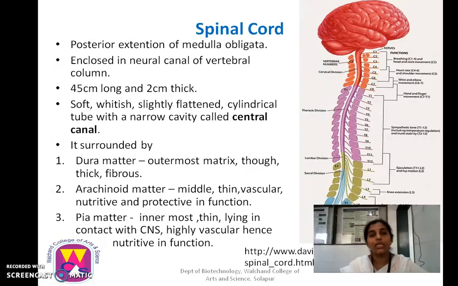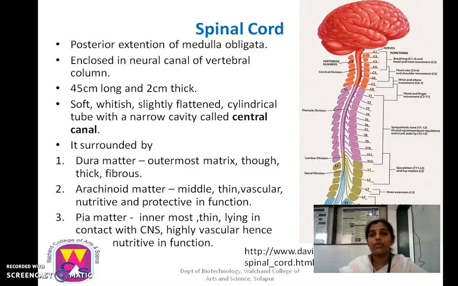The spinal cord is divided into four different regions: the cervical region, thoracic region, lumbar region, and sacral region. All these regions are connected with different body parts and regulate their activities.